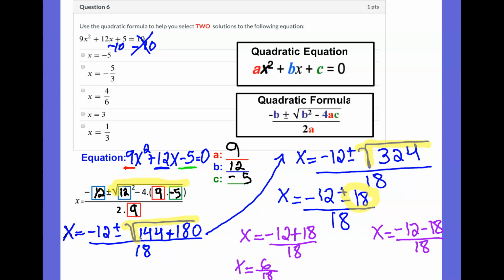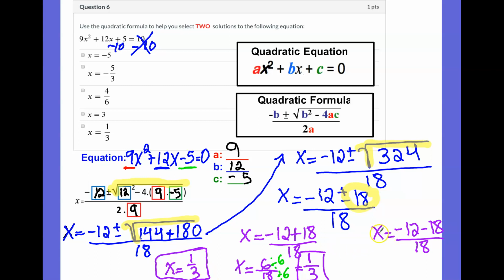So I am going to divide by 6 because I know 6 is a factor of 6 and 18. So 6 divided by 6 is 1, and 18 divided by 6 is 3. So x equals 1/3. You might want to write that in case your teacher may not give you points if you don't write that.